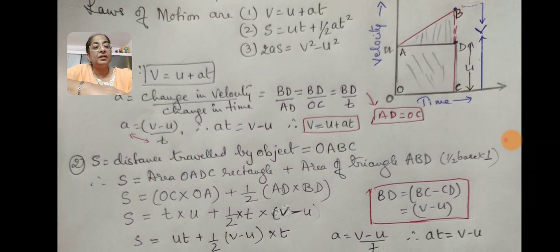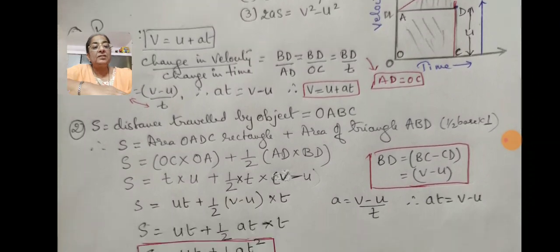In the figure you can see v minus u. Therefore s is equal to ut plus half into v minus u into t. We don't have at in this equation, so we have to get it.